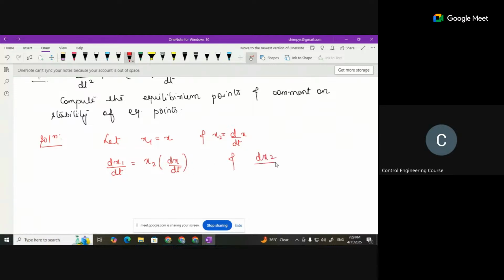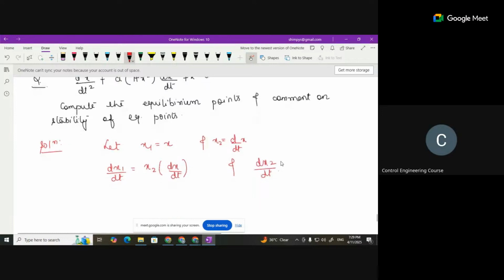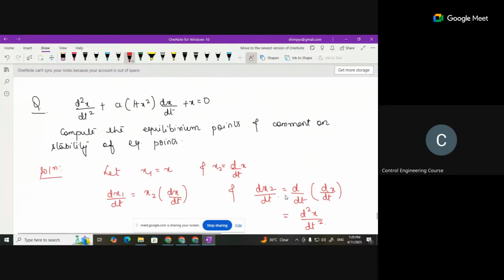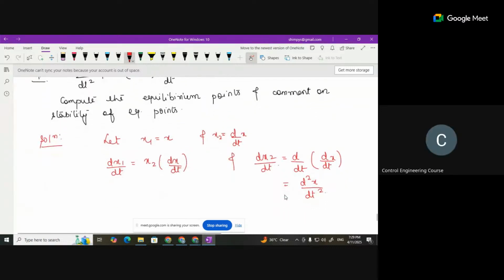And what is dx2 by dt? That is x2 dot. Correct. That is d by dt of dx by dt, that is d square x by dt square. Yes or no? Yes. Okay.